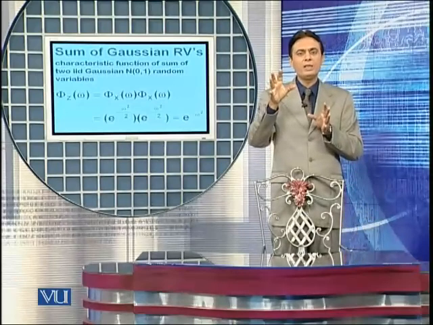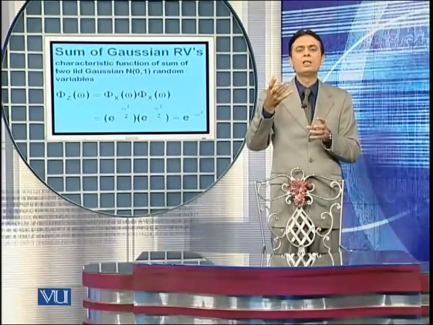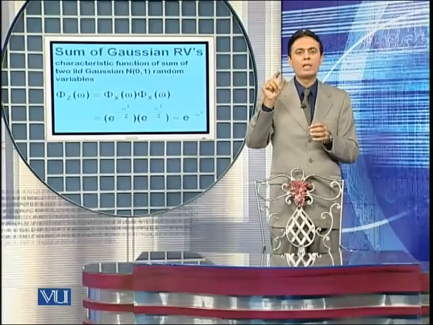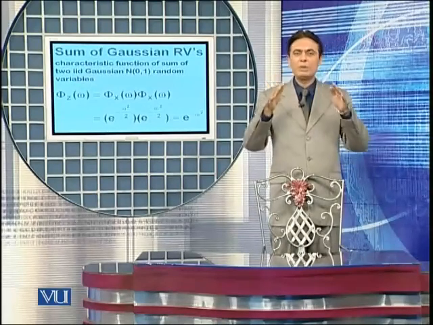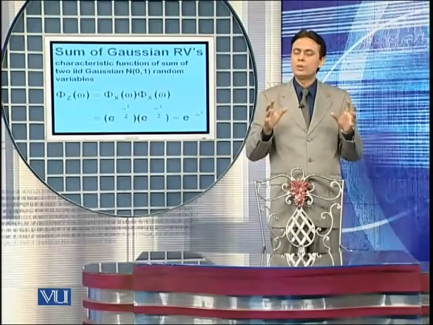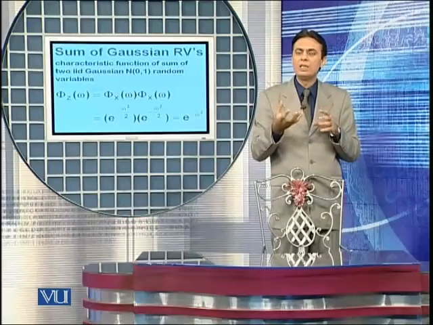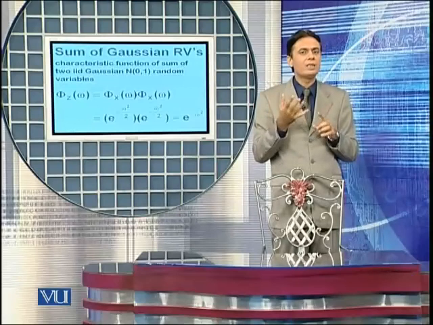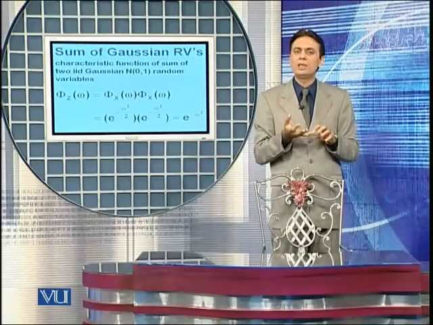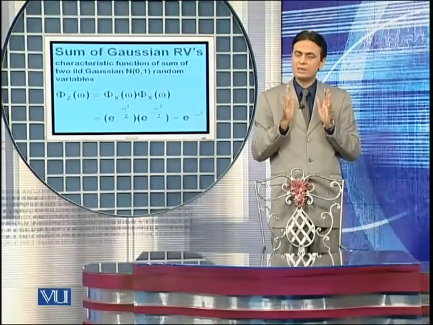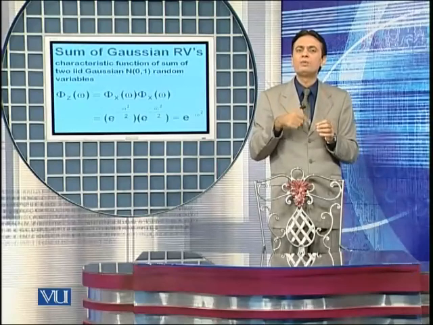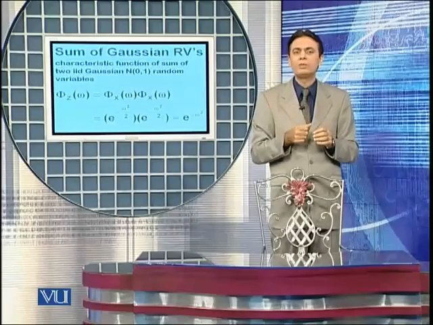So the exponent has increased its value from omega square over 2 to omega square, but the shape remains the same. So you can see that the characteristic function of z gives us a clear hint that z is also a Gaussian random variable. It has 0 mean, but its variance is 2 instead of 1.